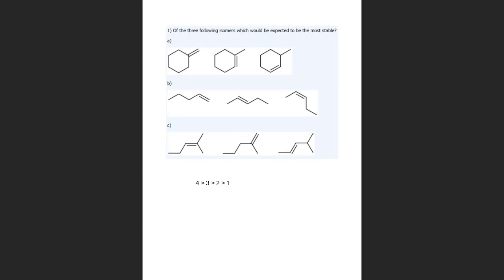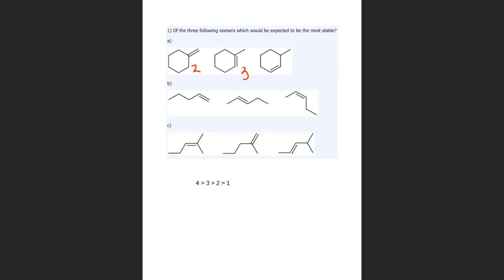All right. And so we can look at each molecule and rank it depending on how many substitutions it has. So this first molecule has two things that it's attached to, the double bond. And then the second molecule is attached to three things, the double bond.